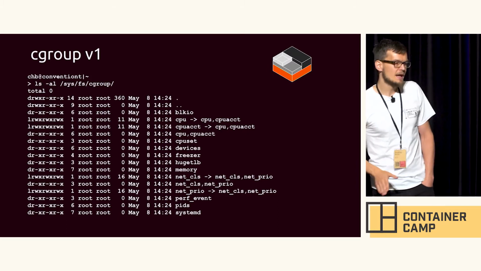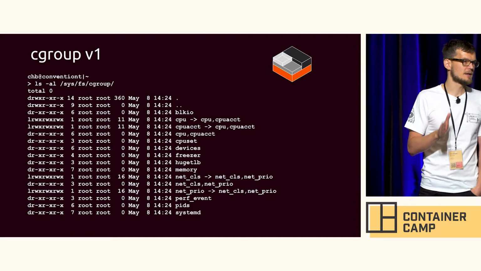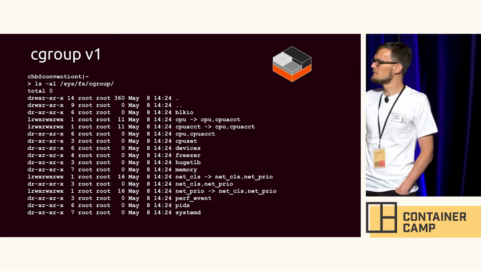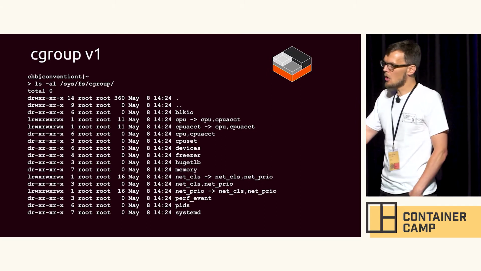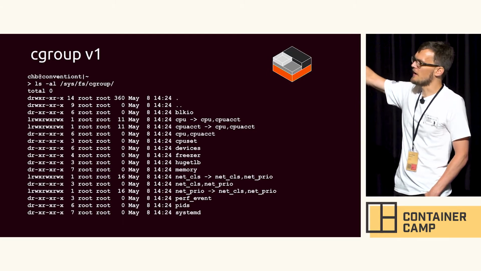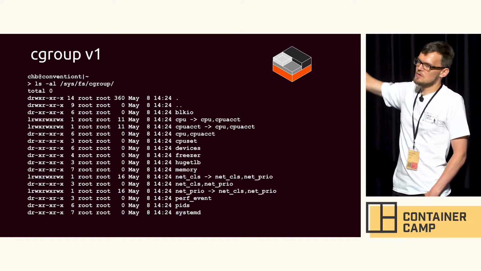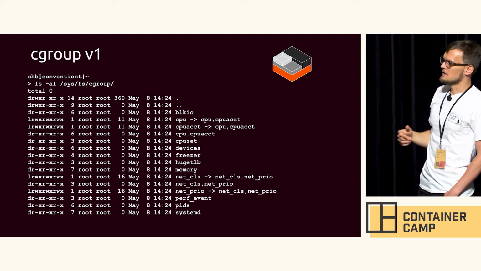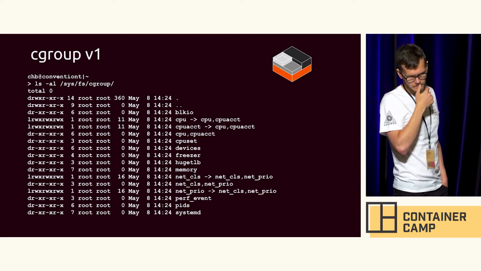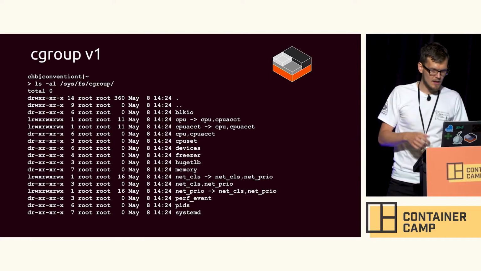But don't be fooled, it's not necessarily the case that you have to mount each controller into a separate hierarchy. That's just the standard layout over the time. You could easily co-mount all controllers into a single mount point. Then you would have all of the files that each controller makes available under the sysfs cgroup mount point, and you could regulate cgroups in a totally different manner than we usually do right now. But this is the default layout we're seeing.